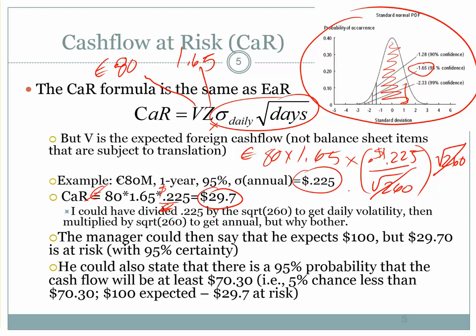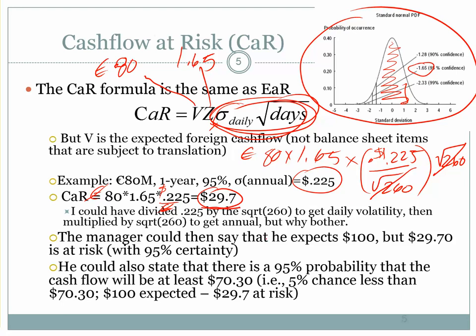Because in effect, all this second half of the equation is doing is getting you a standard deviation consistent with the time frame you're looking for. So if I'm looking for a 1-year time frame, I need a 1-year standard deviation. I'm already given a 1-year standard deviation. So now the interpretation of this number, $29.7 million.